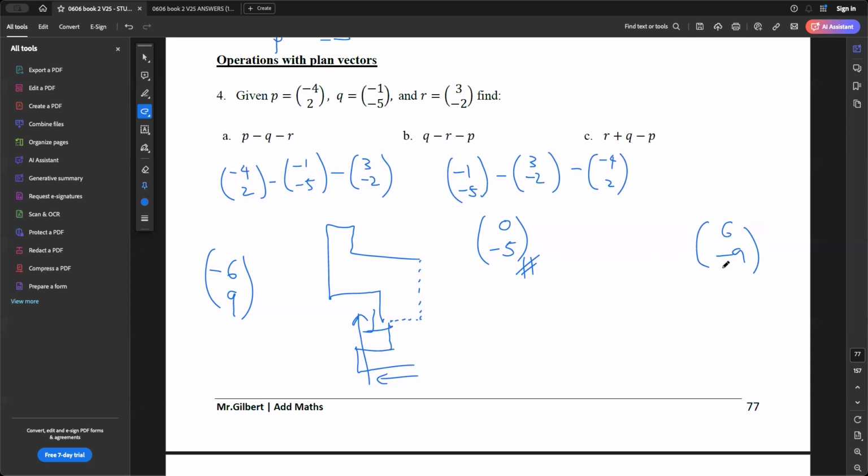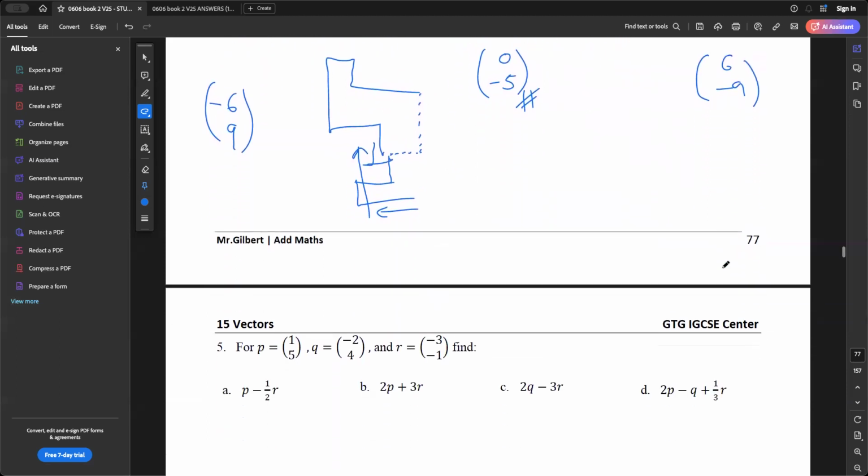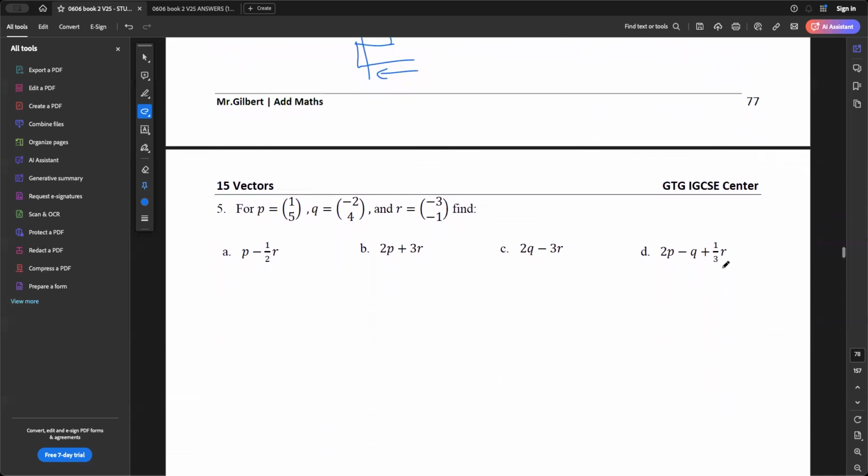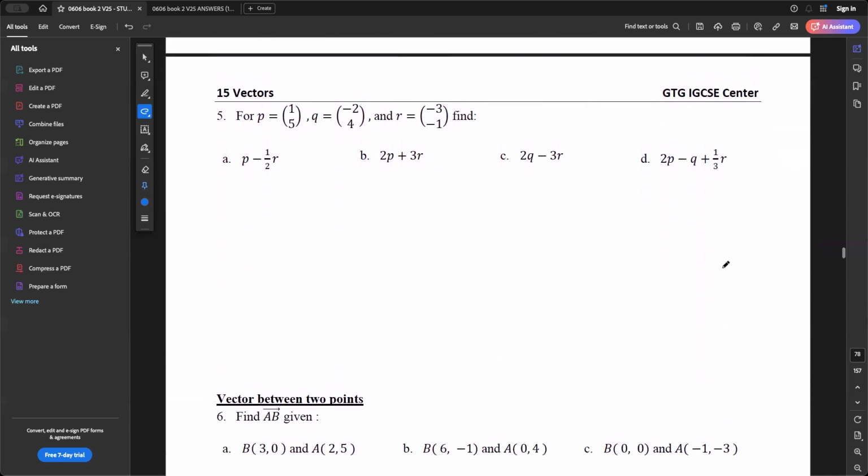Anyone unable to get this part? I'm not going to talk about question 5 because this is something repetitive. Just to show you what I mean, this is 2, 1, 5 plus 3, negative 3, negative 1. So in the end, you have 2, 10 plus negative 9, negative 3.